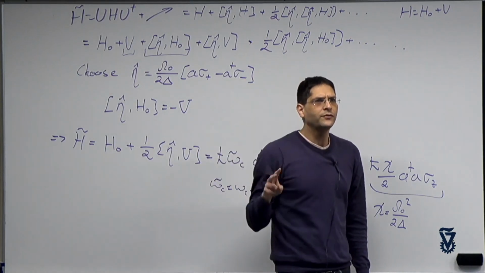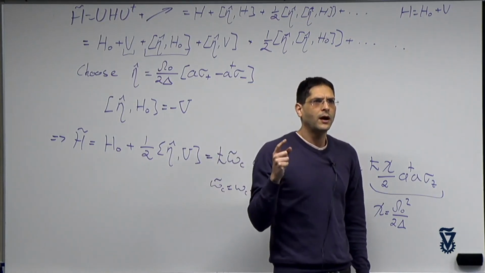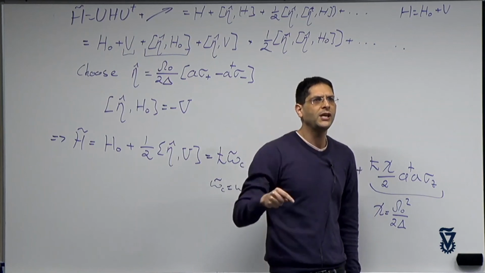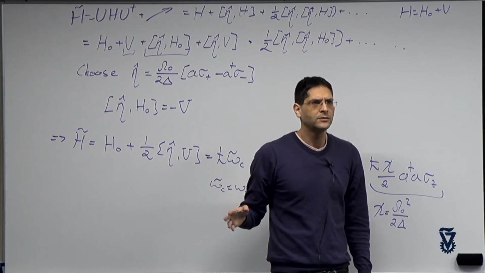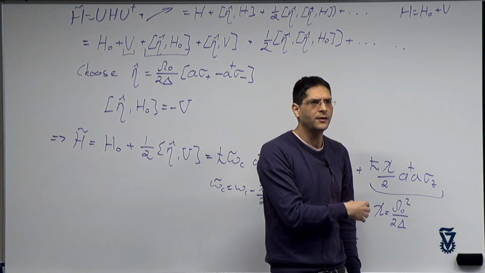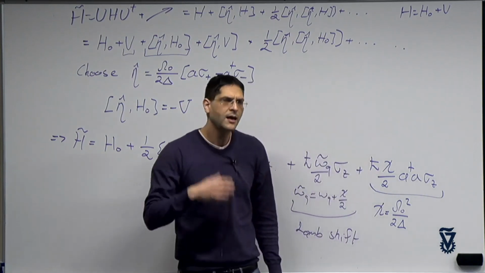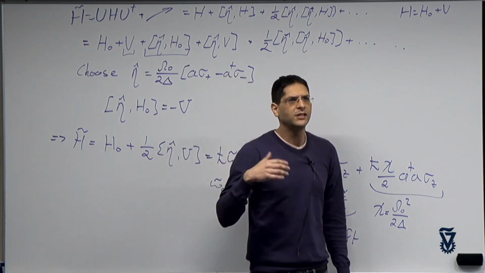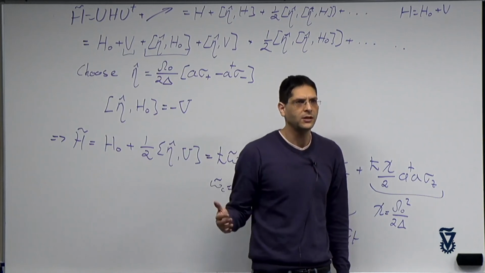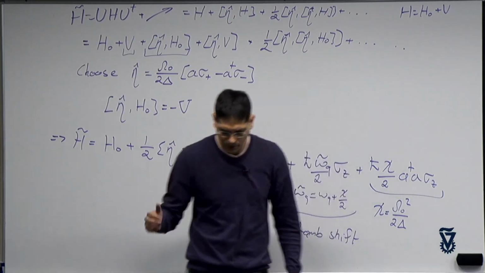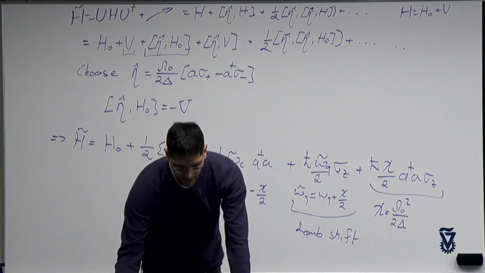There's a factor of 2 between them. 2G is omega naught. So in our notation we used omega naught for the vacuum Rabi frequency. A lot of the time you will see G come up, and 2G just equals omega naught. Okay, so you can write that down for yourself.